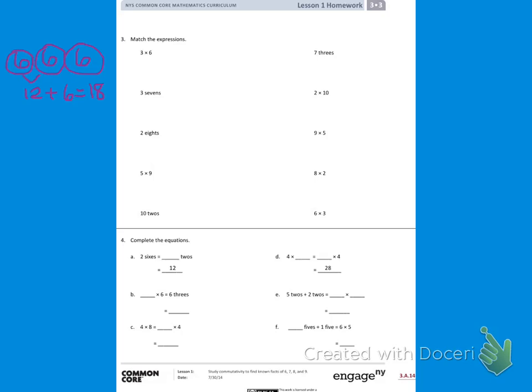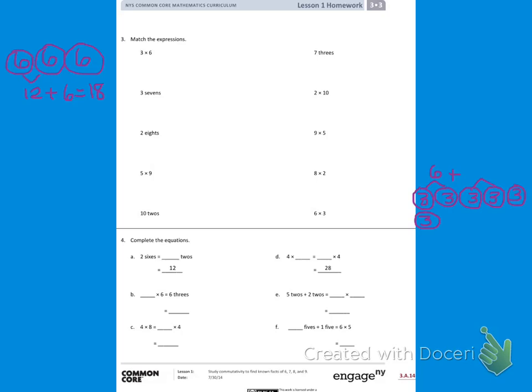We already tried it and know that 3 groups of 6 is 18. But is 6 groups of 3 18? Let's see. 1, 2, 3, 4, 5, 6. 6 groups of 3. And let's see what the answer or product is. 3 plus 3 is 6.